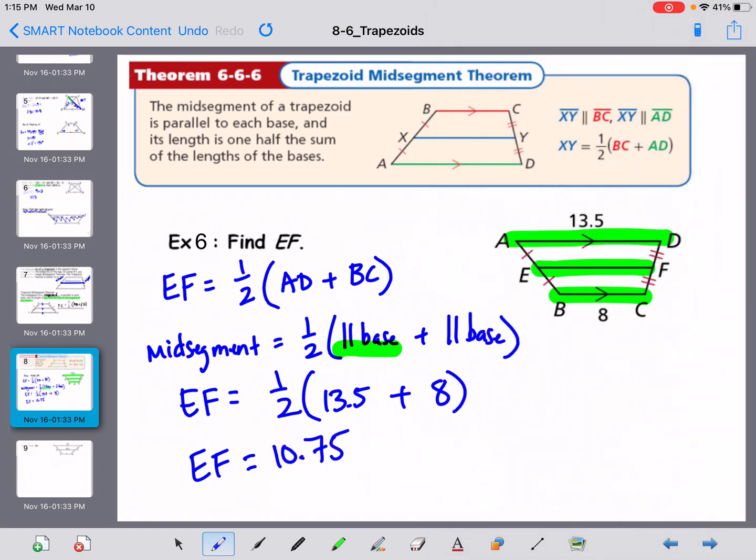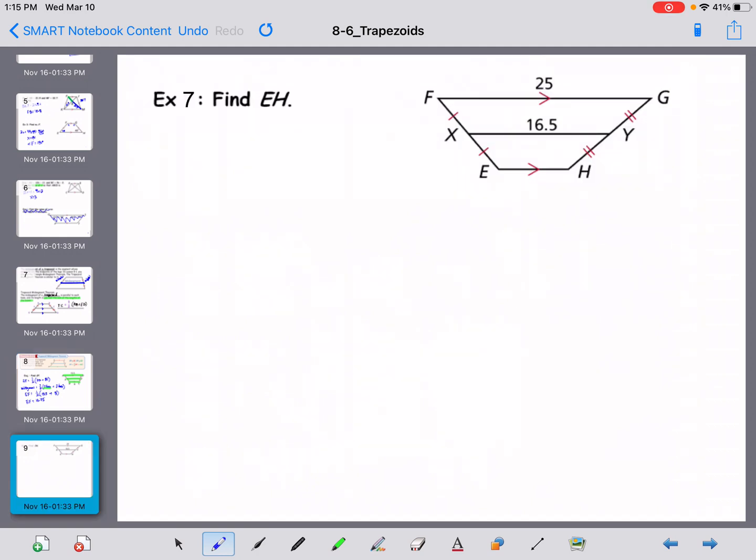Okay, last example. EH is what we're trying to find, and I'm going to put an X there for EH. I'm going to start with the mid-segment and write it out like that again.